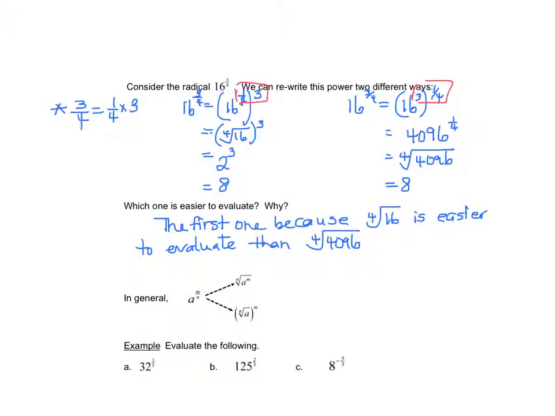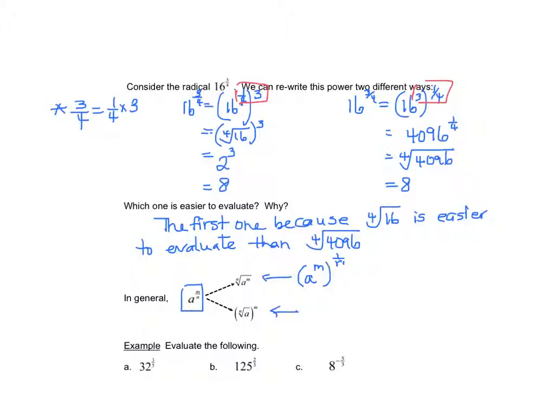So there is a summary here of your two different methods. If you have a power, a to the exponent m over n, we could evaluate that in two ways. This first way would be raising a to the exponent m first, then taking the nth root, the second way, sorry, that should be 1 over n.